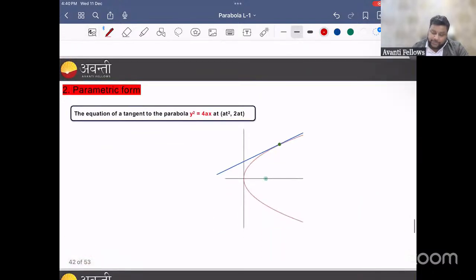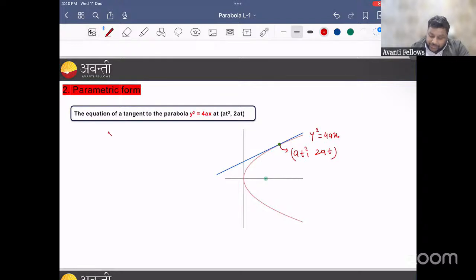Now, parametric point. There comes the most important definition of tangent. See, on the parabola y square equals 4ax, there is a point (at square, 2at). So what is the equation of tangent?